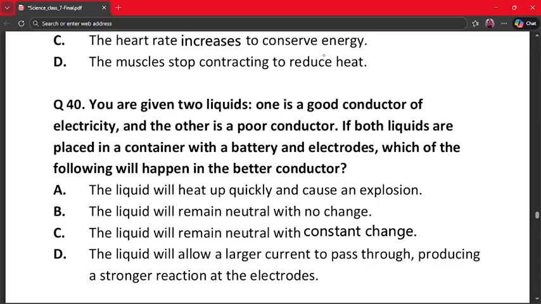B. The liquid will remain neutral with no change. C. The liquid will remain neutral with constant change. D. The liquid will allow a larger current to pass through, producing a stronger reaction at the electrodes. The correct answer is option D, because a better conductor allows more current, and more current causes stronger reactions. This happens at the electrodes. So option D is the correct answer.